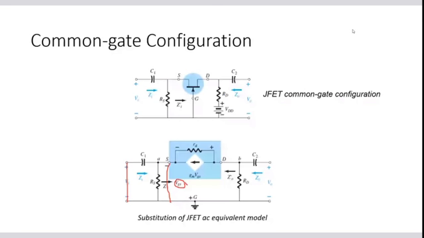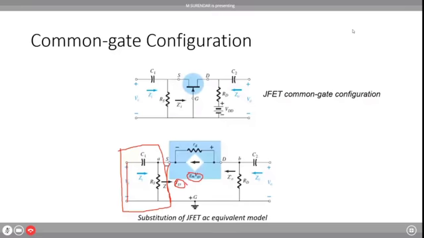Effectively, if I am making this VA as 0, this effective resistance here will be 0. So the source terminal will be grounded along with the gate terminal, so this VGS will be 0. And because this VGS here is 0, we don't have this current source here, because VGS is equal to 0, GM into VGS is also equal to 0.